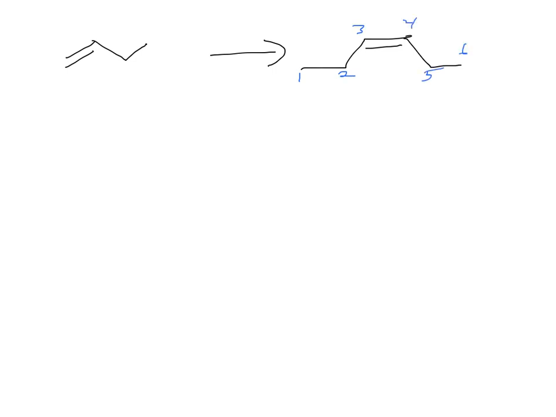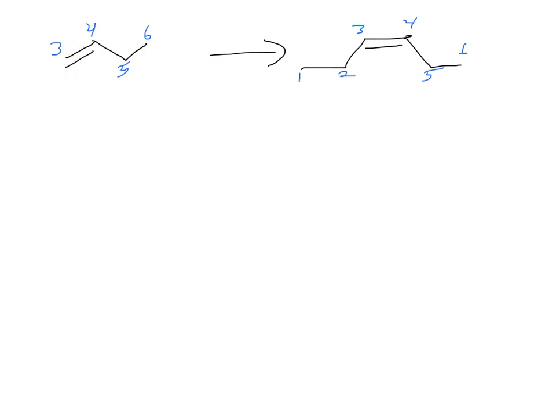So we added 2 carbons. I would say, let's call this carbon 3, 4, 5, and 6. The reason I do that is because the action is the pi bond, and I'm assuming the stuff where things are happening is also happening on the starting material.